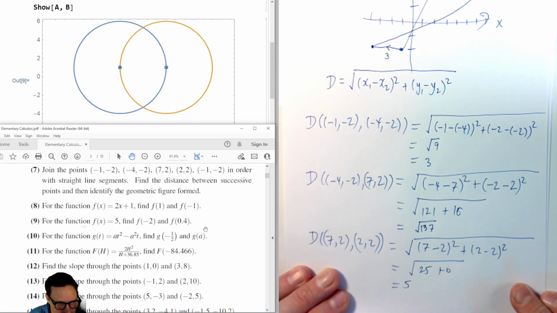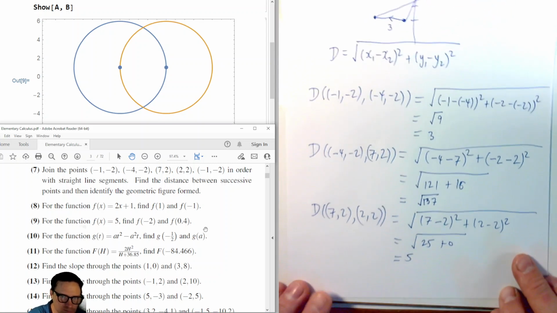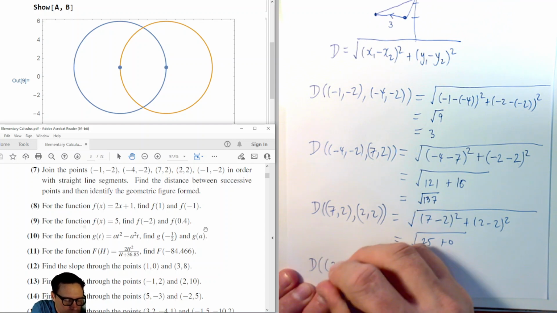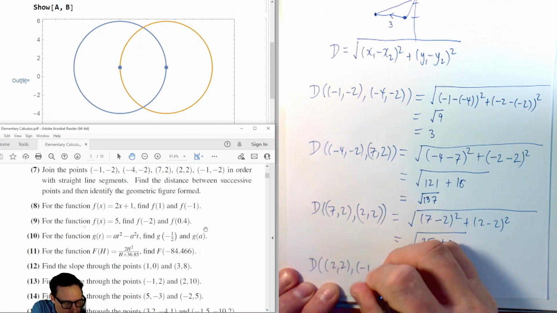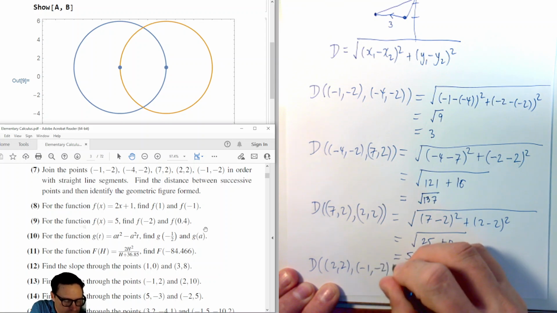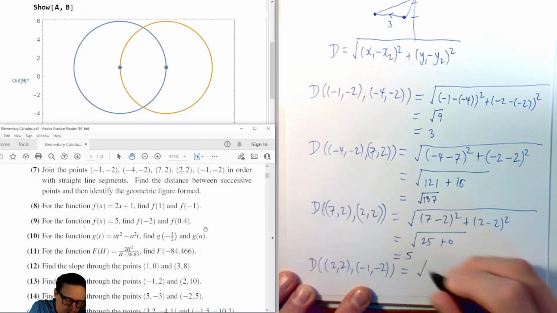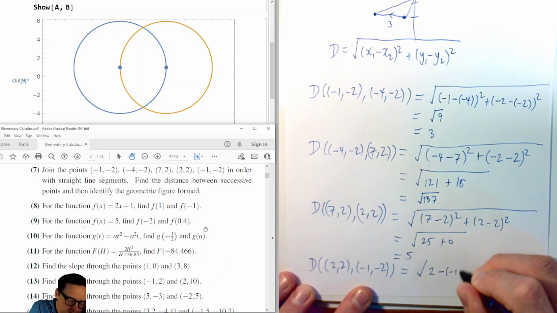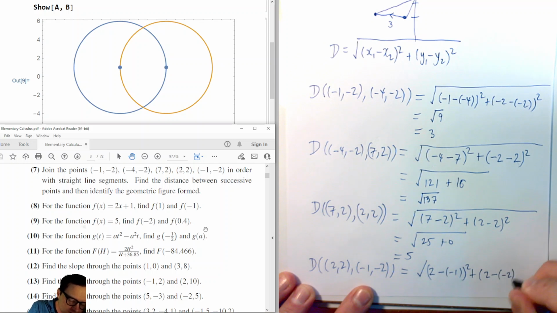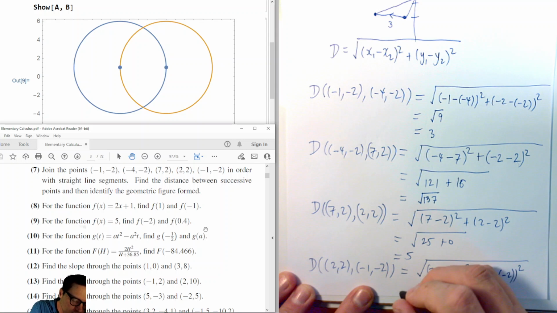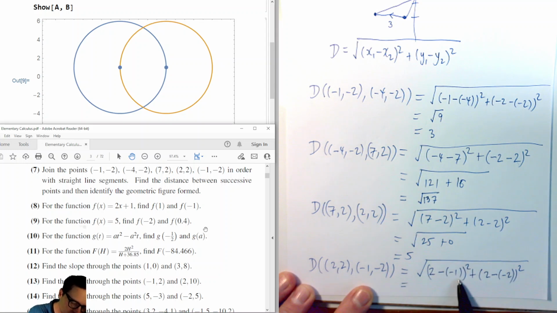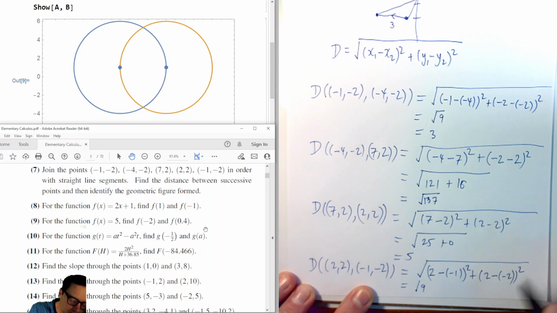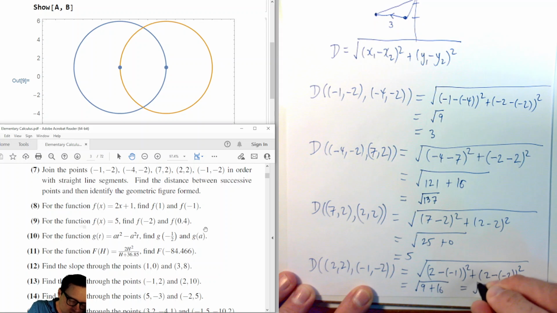Okay, next, the distance between 2, 2 and minus 1, minus 2 is equal to the square root of 2 minus minus 1 squared plus 2 minus minus 2 squared, square root. And so here we have 3 squared is 9 and 4 squared is 16. So this is the square root of 25, which is 5.